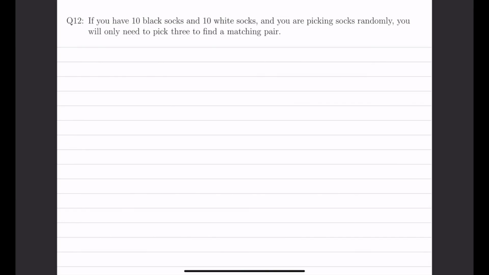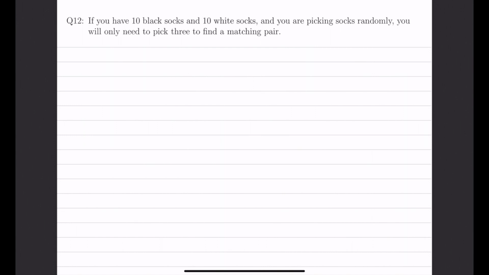Finally, question 12 can again be solved easily via a direct application of the pigeonhole principle. So here we have 10 black socks and 10 white socks, and we want to show that if we pick 3 socks randomly out of these socks, we can always find a matching pair.